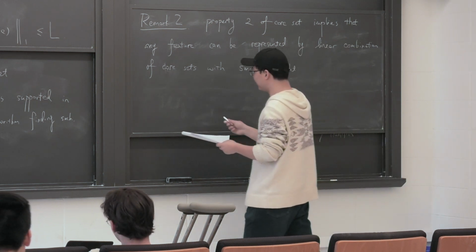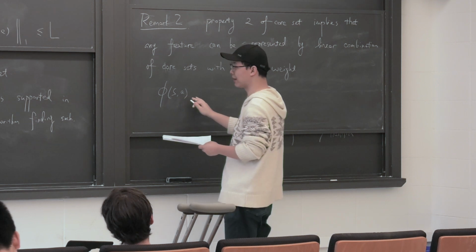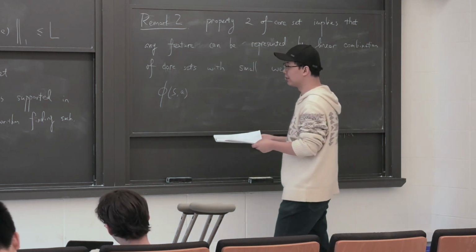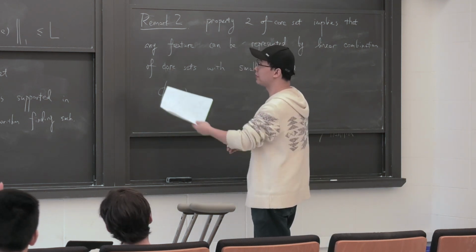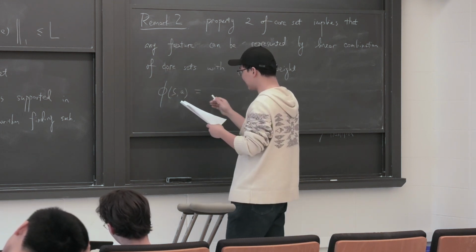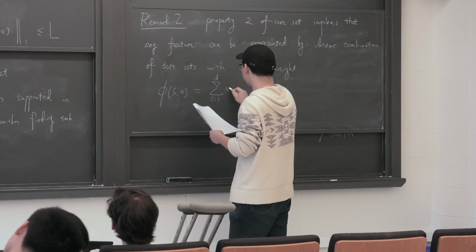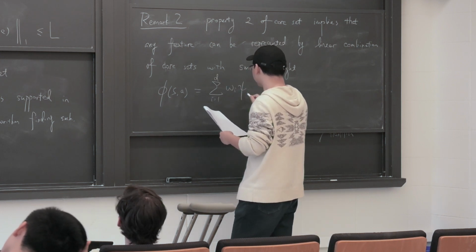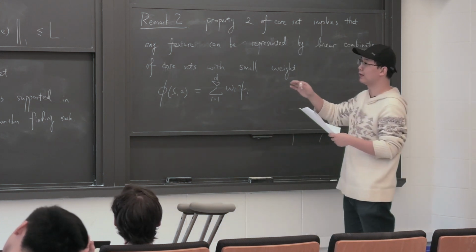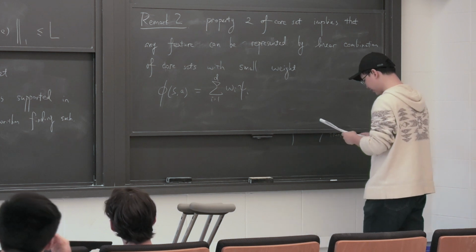So in a sense, if we have an arbitrary phi(s,a), the feature map for some arbitrary state-action pair, we want to represent it as a linear combination of the core set. We want to express this as the summation over i from 1 to d of w_i psi_i. Psi is essentially the basis given by the core set, and this is the linear coefficients.